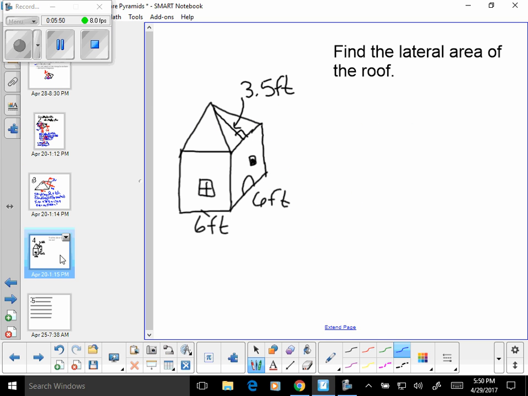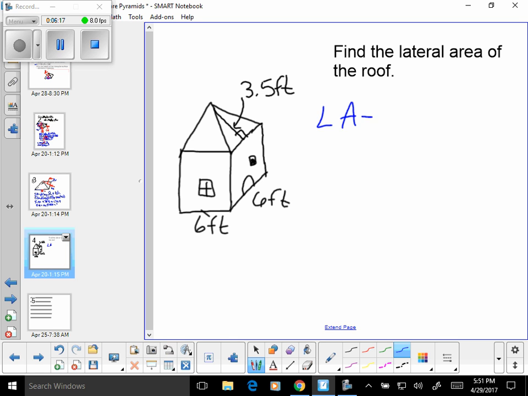All right, we are going to put some ideas together here. We are going to find the lateral area of just the roof. So no, we're not going to go back and find the surface area of a rectangular prism, although you should be reviewing that from time to time. We're really just working on the lateral area of the roof.